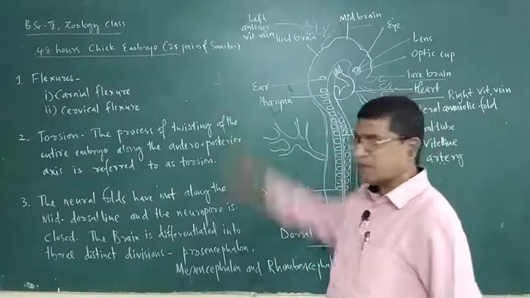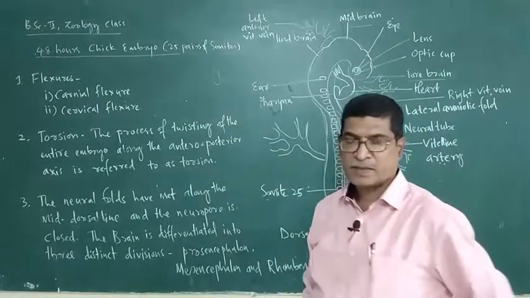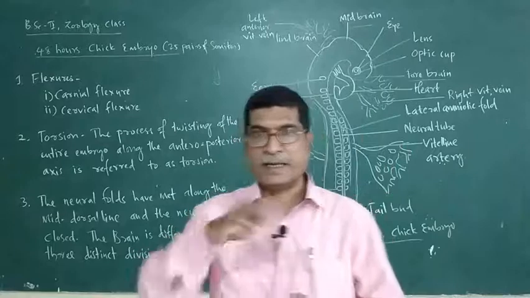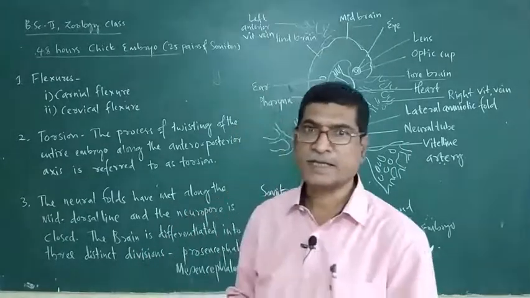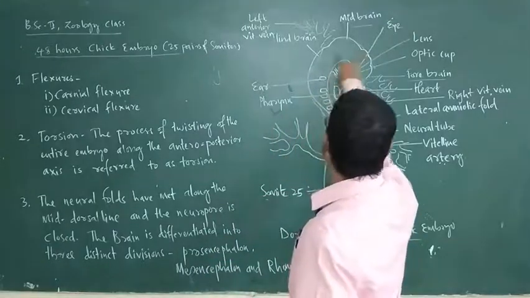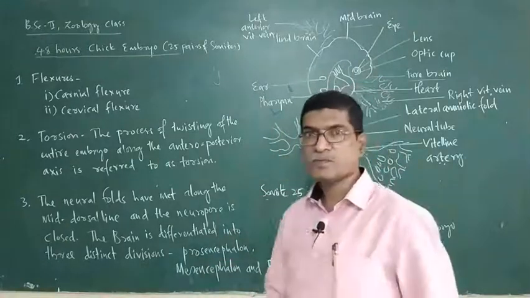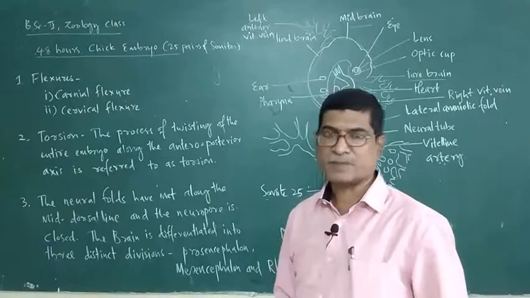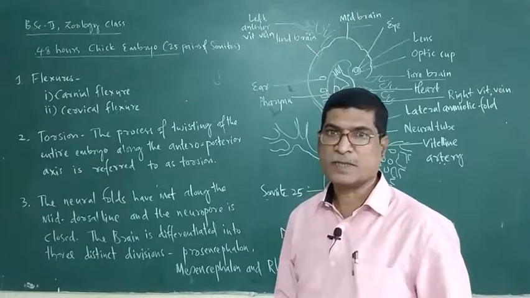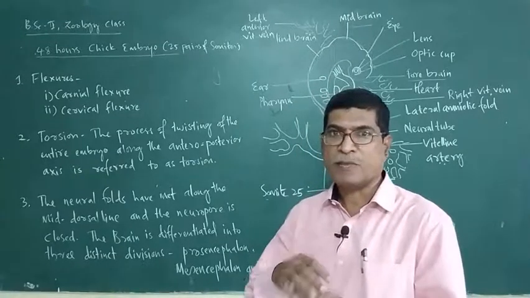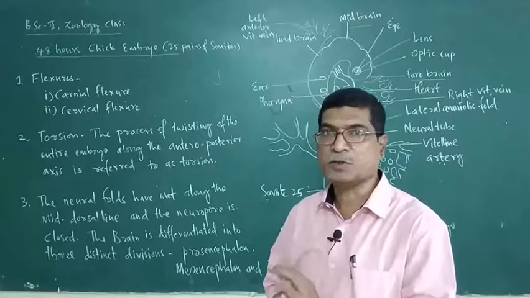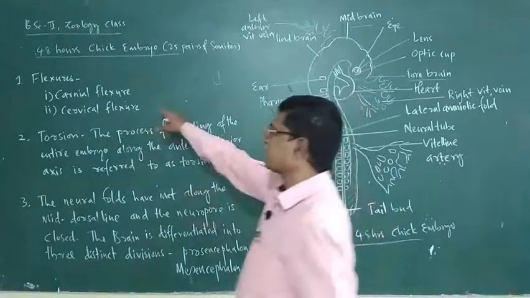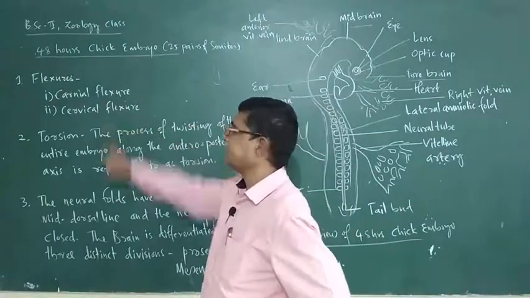So these two together make the anterior end of the embryo turn on its right side. It bends, isn't it? So bending of the anterior part of the embryo is due to two flexures: cranial flexure and cervical flexure.